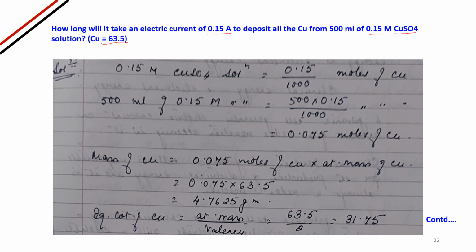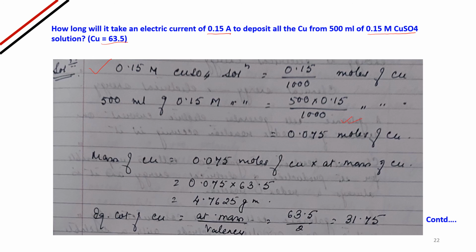From 0.15 M CuSO4 you can find out the number of moles of copper. How can I get it? A 0.15 molar copper sulfate solution has 0.15 divided by 1000 moles of copper per ml. Now you are having 500 ml of 0.15 molar, so how many moles? 500 into 0.15 divided by 1000.